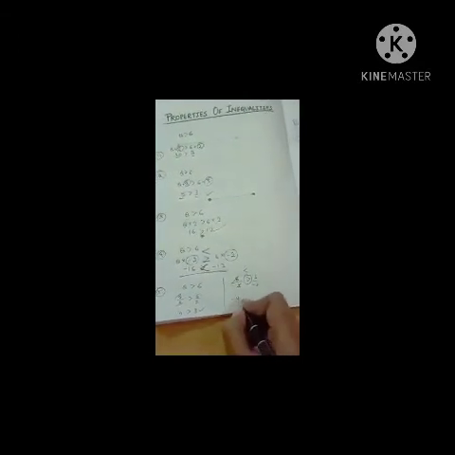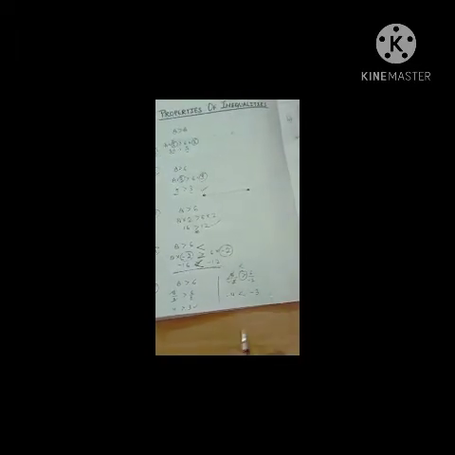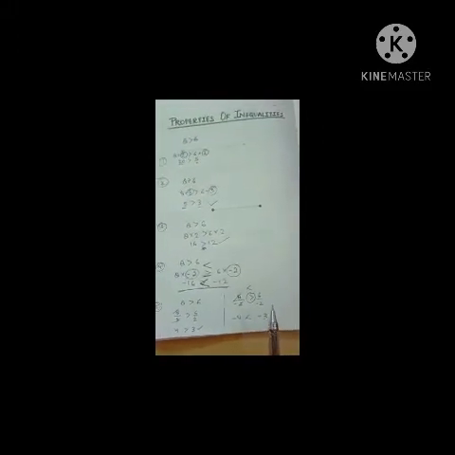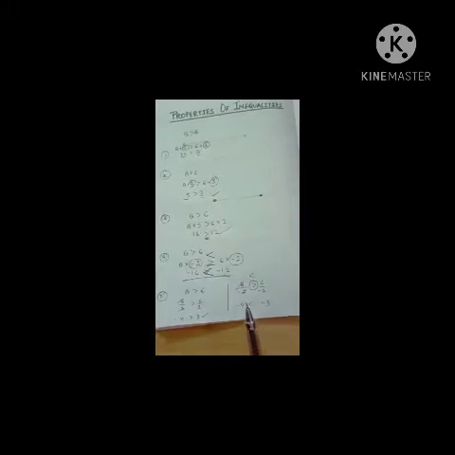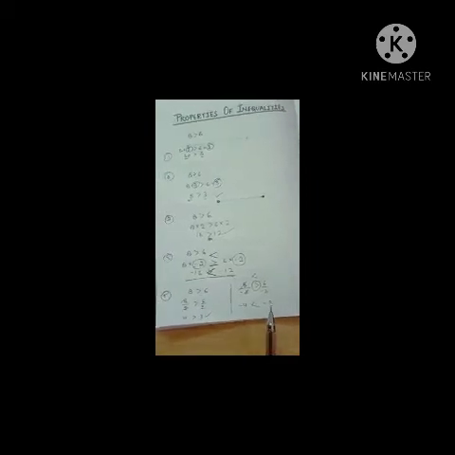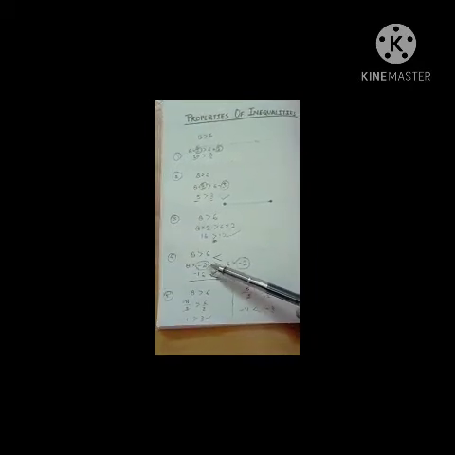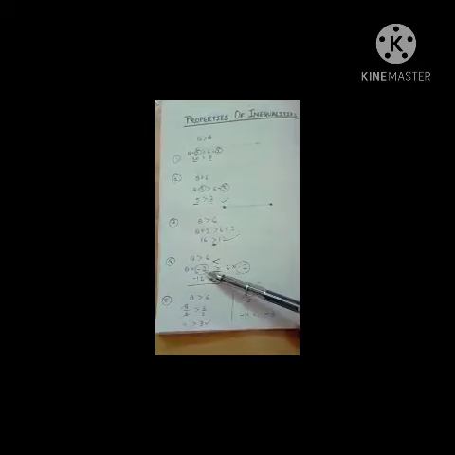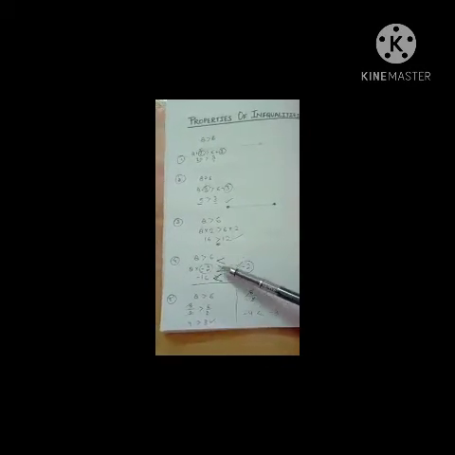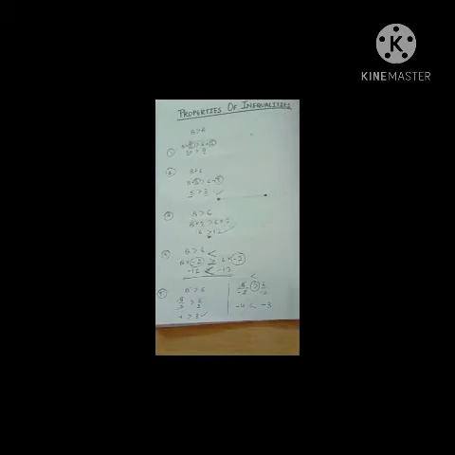Because here you get -4 and here you get -3, and -3 is greater than -4, right? So this inequality gets reversed. So this is the sixth property, that an inequality is reversed on dividing both sides by the same negative number. So remember that if you multiply any inequality by a negative number, then its inequality gets reversed, and if you divide it by a negative number, then also the inequality gets reversed.